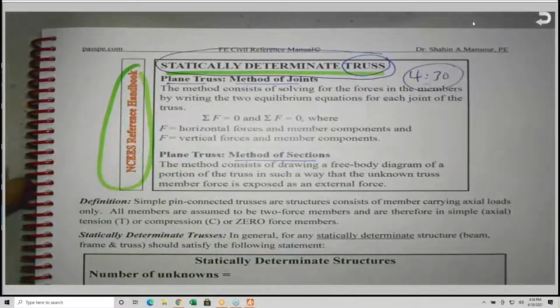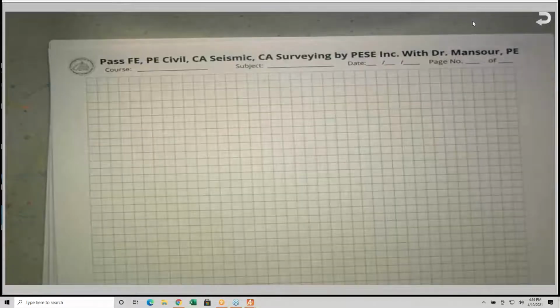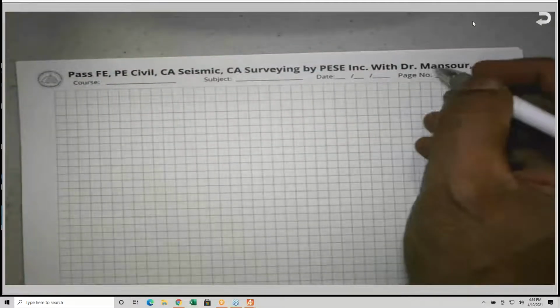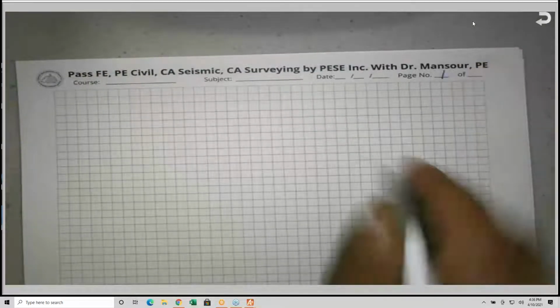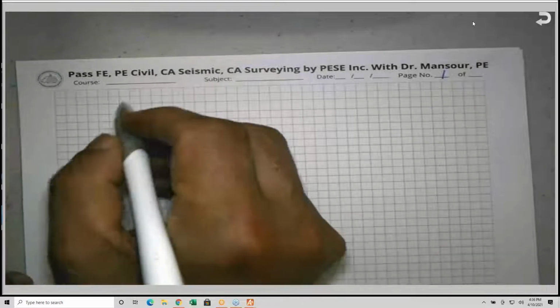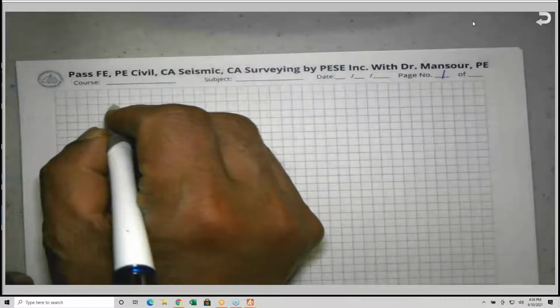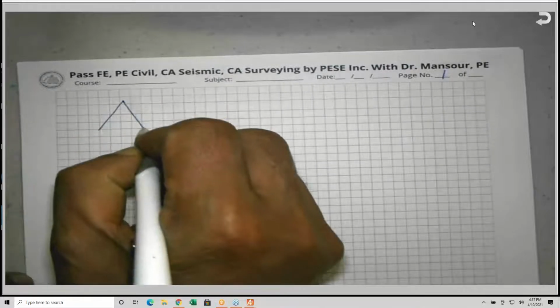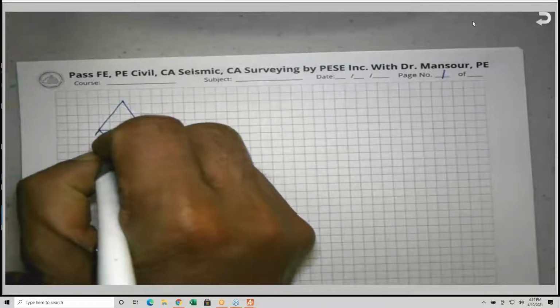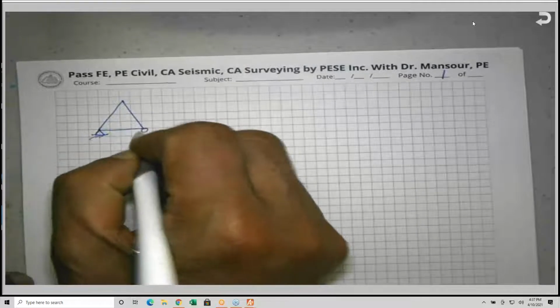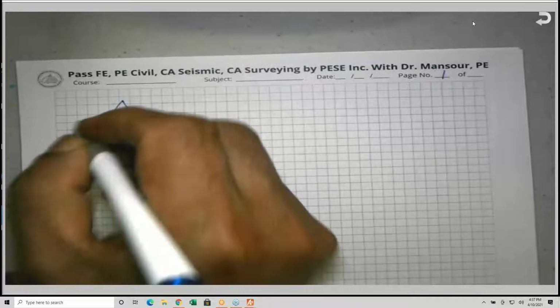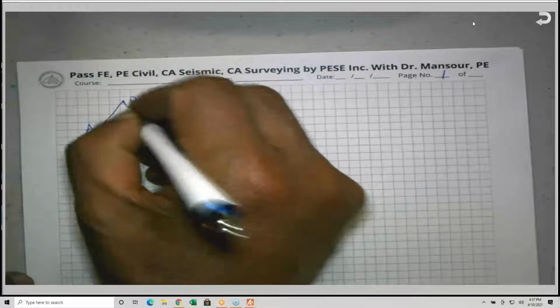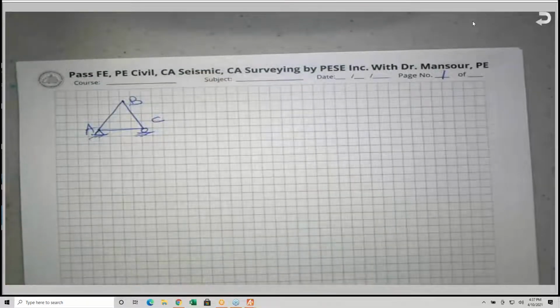If you look at trusses, those are structures that consist of members connected together with frictionless joints, and the smallest truss that exists on Earth consists of 3 members. So the basic unit for any truss consists of 3 members, A, B, C, and they have to form a triangle like this.